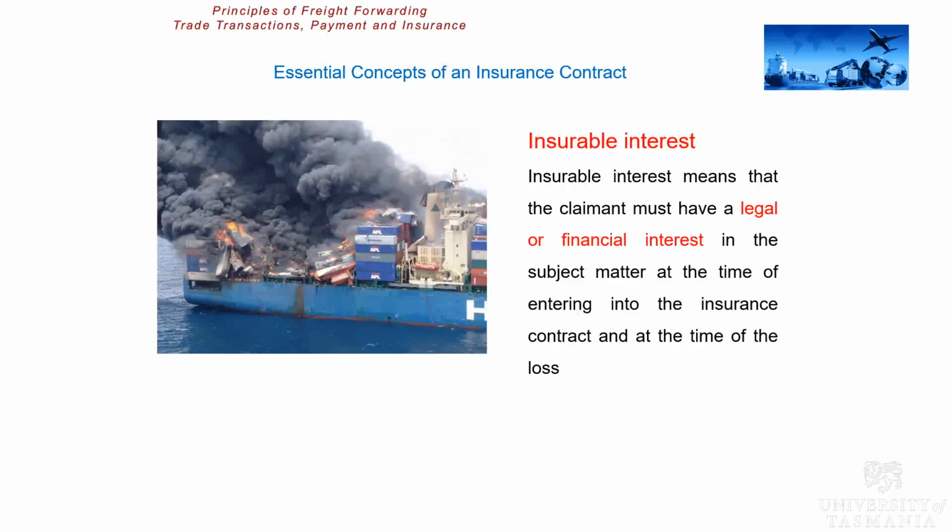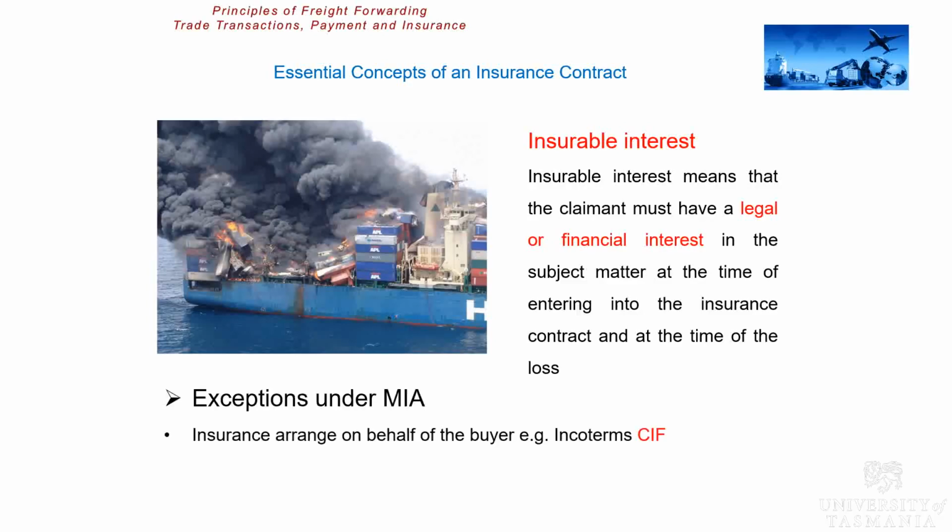So if you're seeking to make a claim for an insurance that you've got, you can only do that if you've got a financial interest in the goods. Now, there are a couple of exceptions to that.